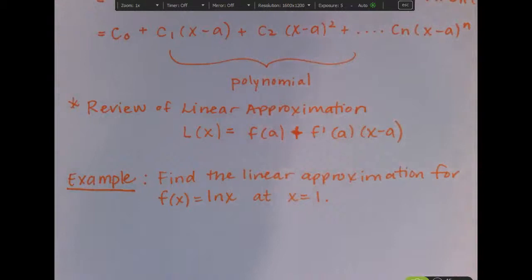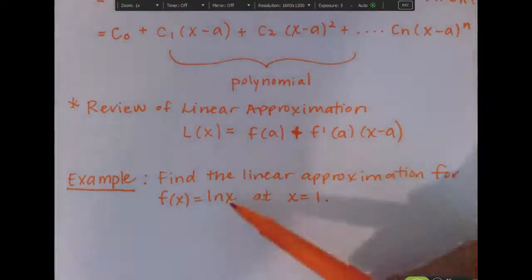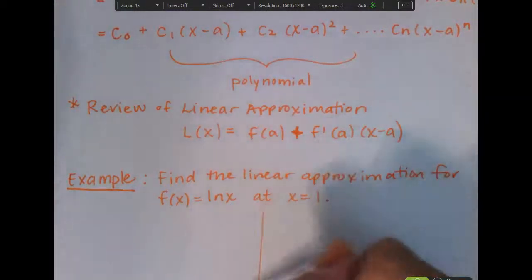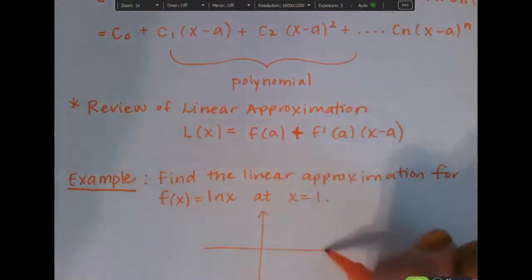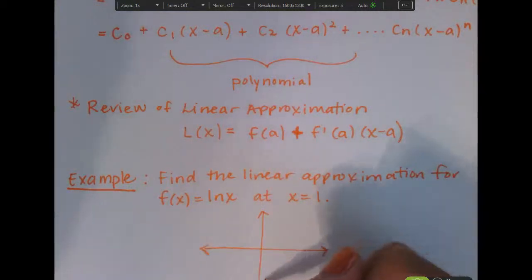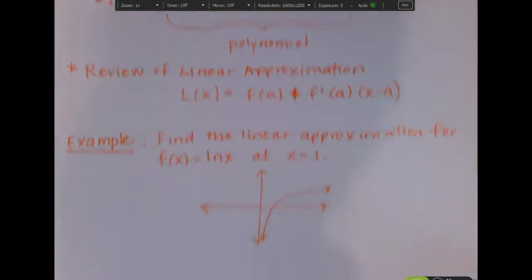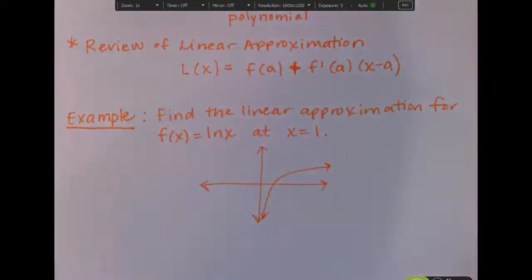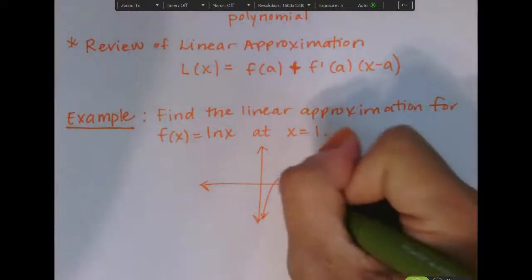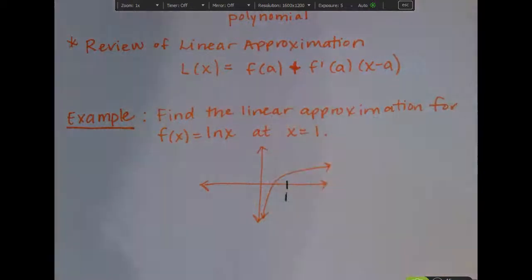So essentially what we have is a curve which when graphed might look something like this. That's what the graph of the natural log function looks like. And what we want to do is we want to try to evaluate the natural log of 1.